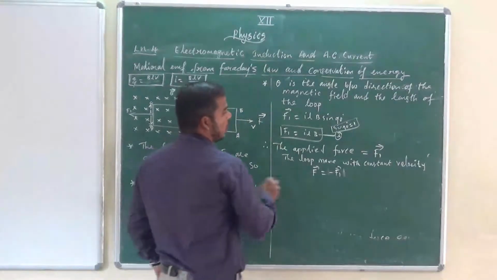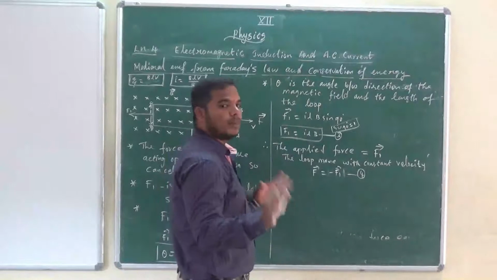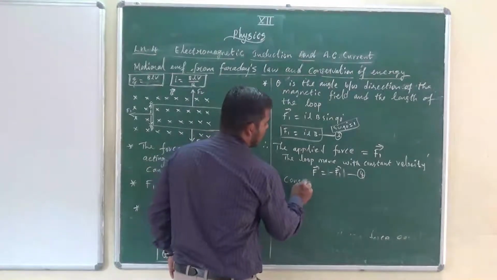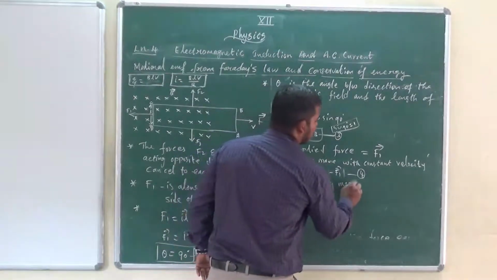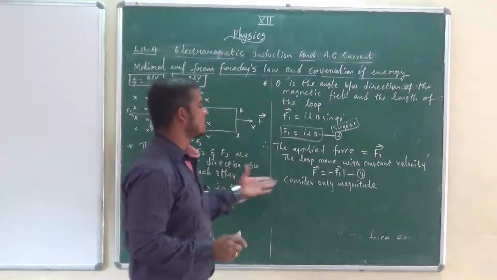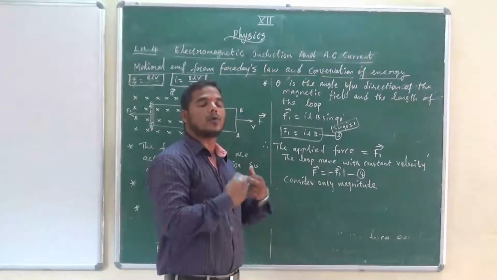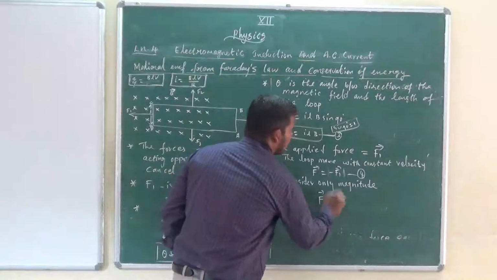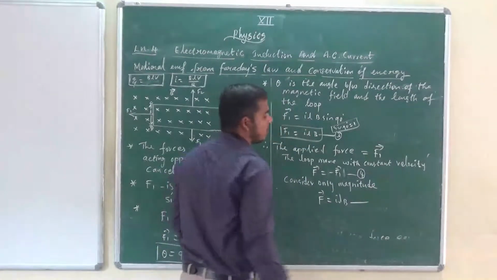Substituting equation 3 in equation number 4, we consider only magnitude, not direction, so we don't need the negative sign. F equals I L B. This is equation number 4.